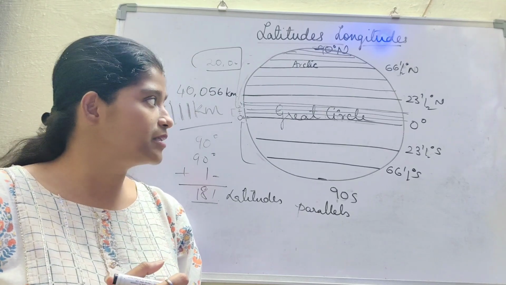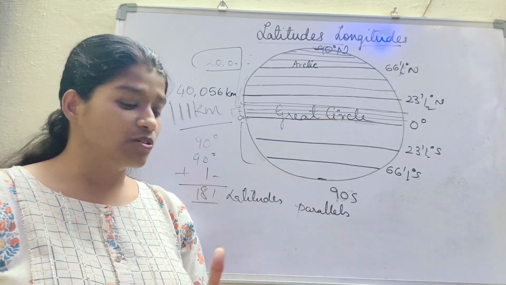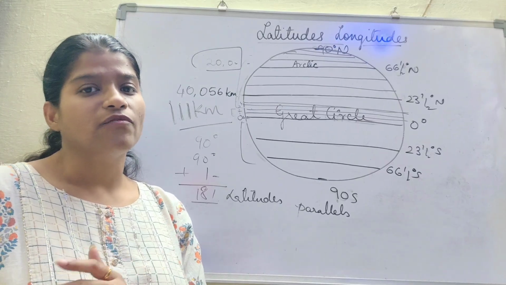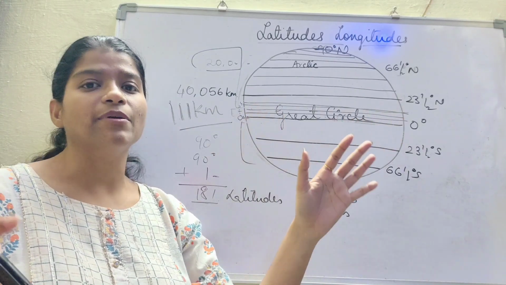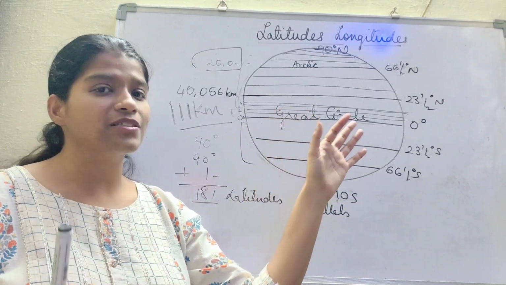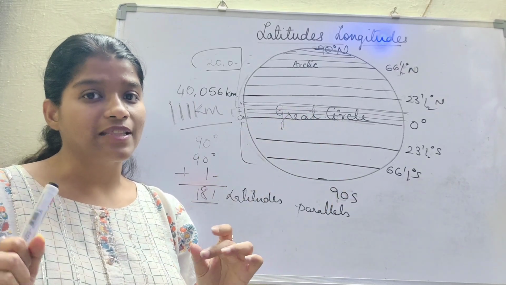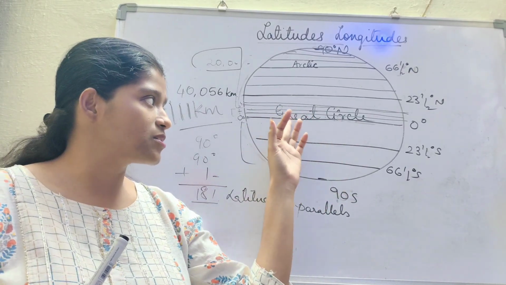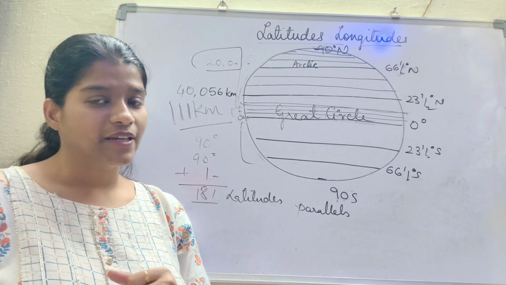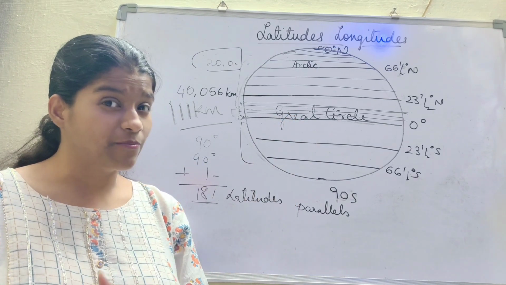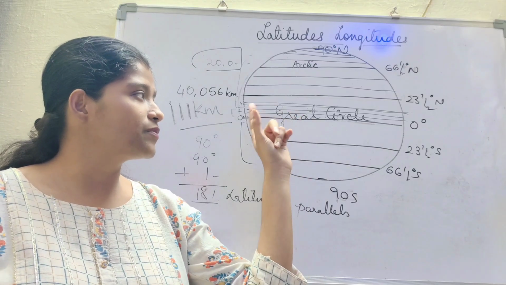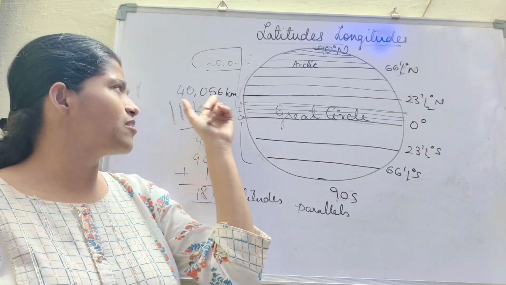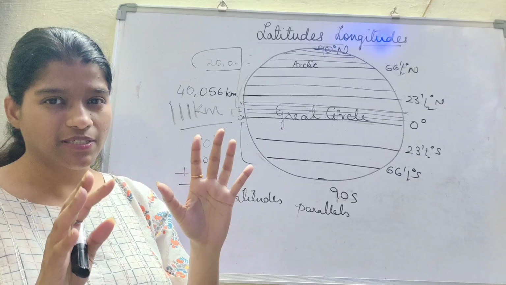Fifth important point, the equator is also known as the Great Circle. Why is it called the Great Circle? Because it is the biggest circle which can be drawn on a globe. This circle has got the longest length. So that's why it is called the Great Circle. Next, the length of the equator is around 40,056 kilometers.